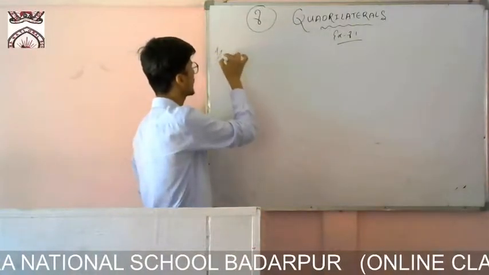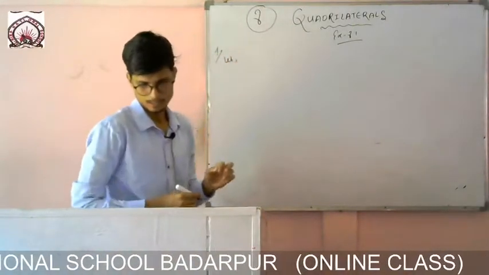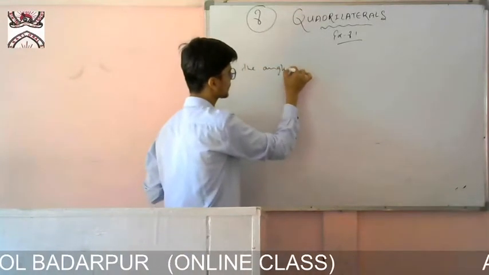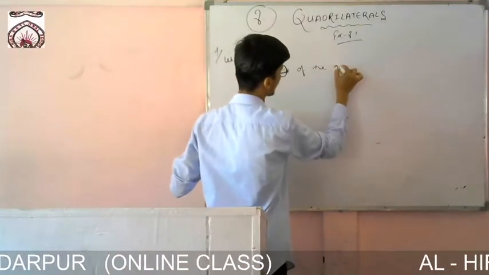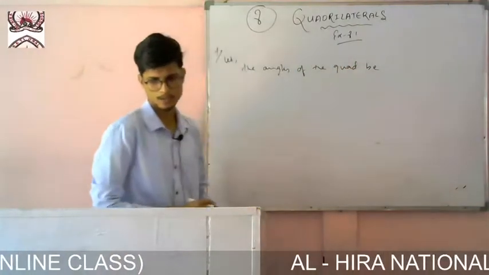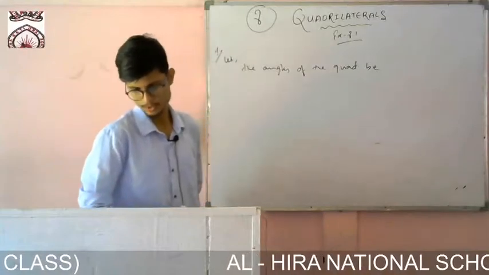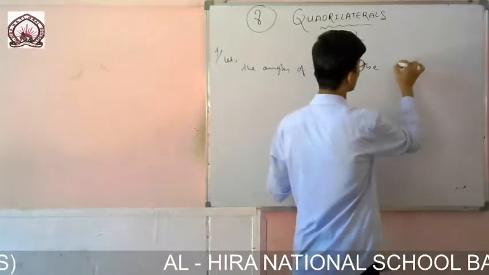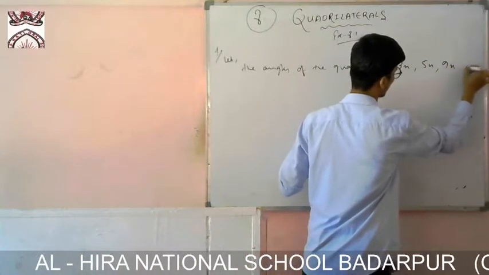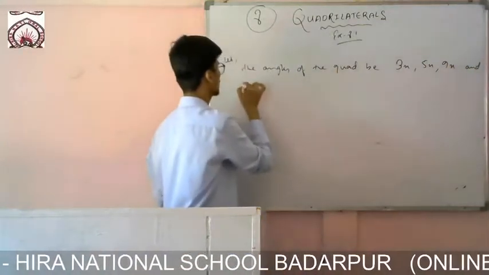So question number 1: let the angles of the quadrilateral be 3x, 5x, 9x and 13x.